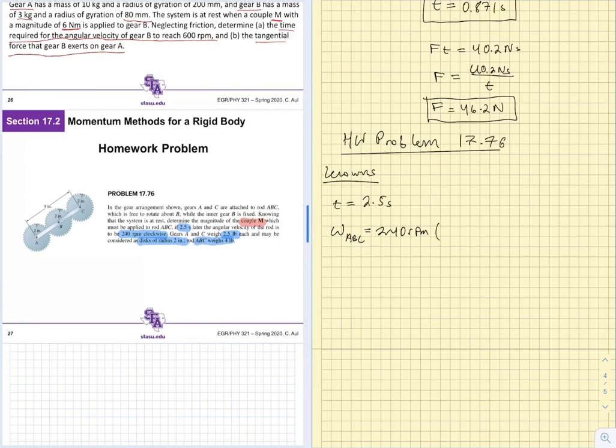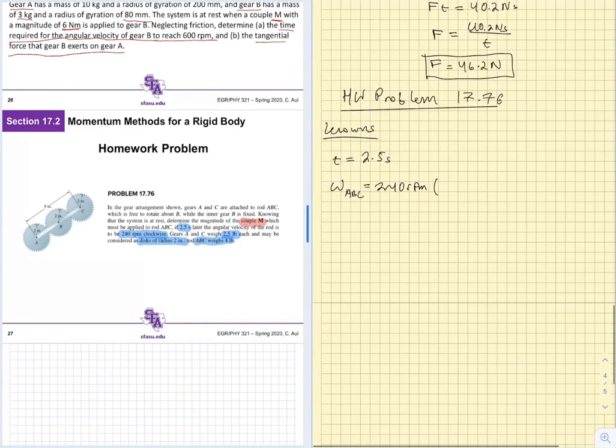The knowns, the things that we're given, is that the time is equal to 2.5 seconds. We have omega of ABC equal to 240 RPM. If I convert that to radians per second, that would be 2 pi radians over 1 revolution, and then 1 minute divided by 60 seconds.